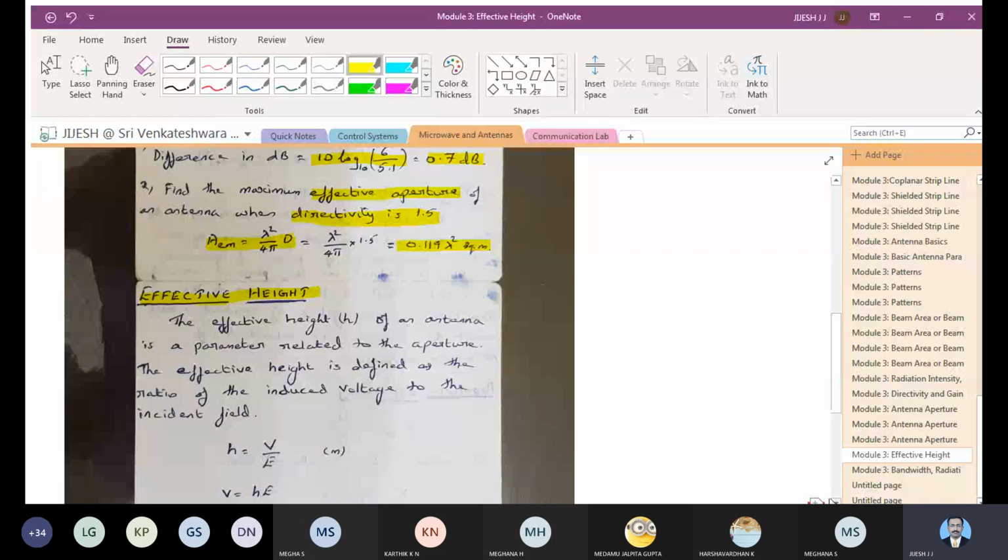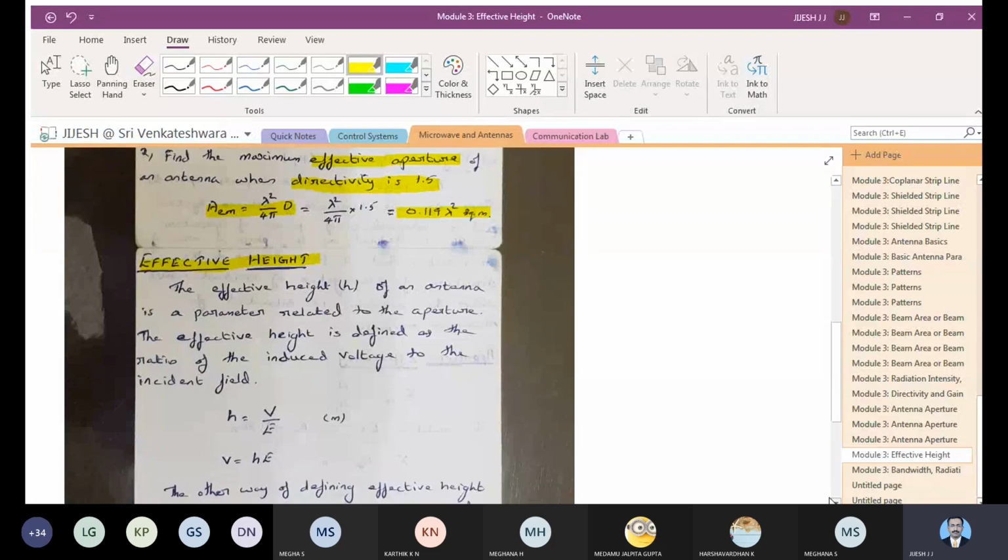So now we will discuss the height. You can see that the effective height is defined as h. H is the notation for effective height. Effective height of an antenna is the parameter related to the aperture, and effective height is defined as the ratio of induced voltage to the incident field.